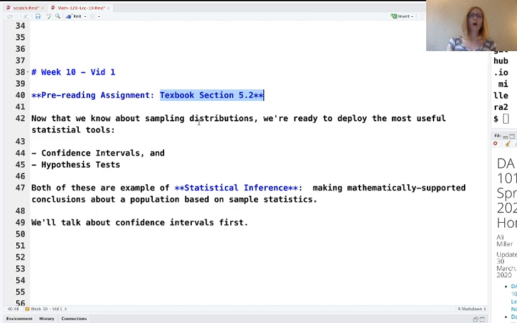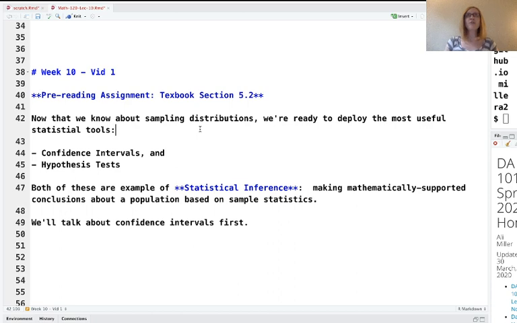Okay, so now that we know about sampling distributions, in other words, now that we can say how likely or unlikely a particular sample result is, we can do the two big useful tools that we talk about in this class.